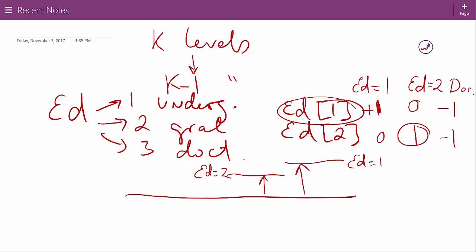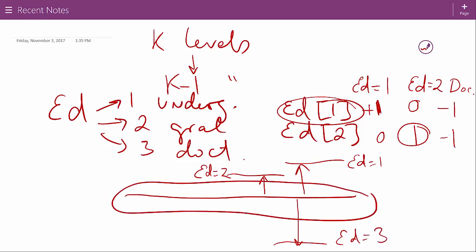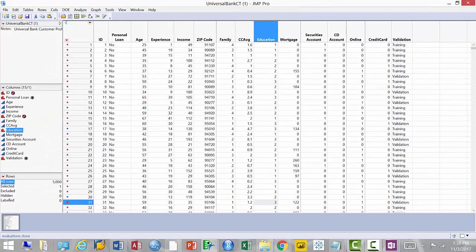But if it's a doctorate degree, then every one of these positive numbers is multiplied by minus 1, so it goes down. So this is your education equals 3. The model considers the average level between all the customers, and then you go up or down depending on which one it is and on the slope values. So let's discuss that in more detail.